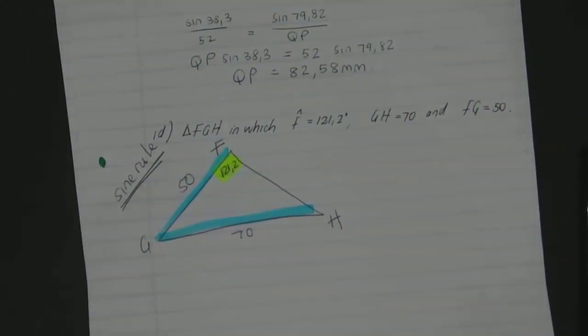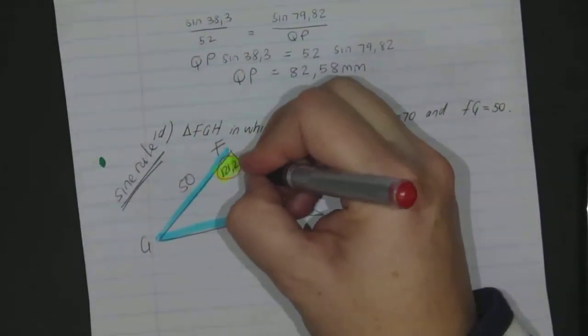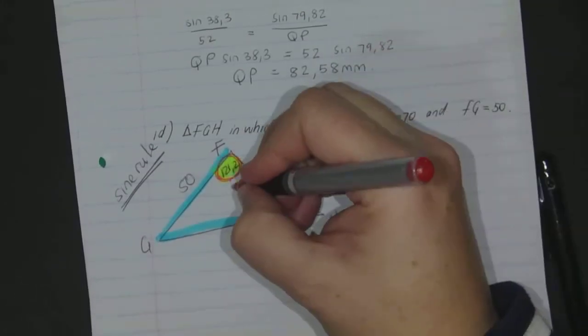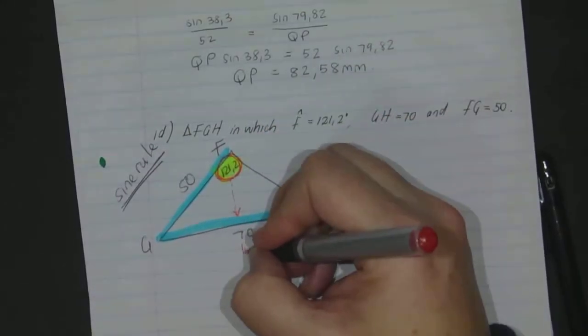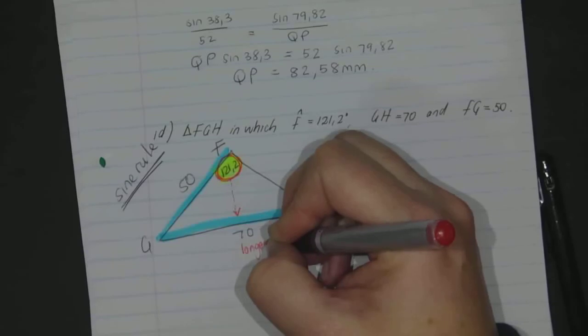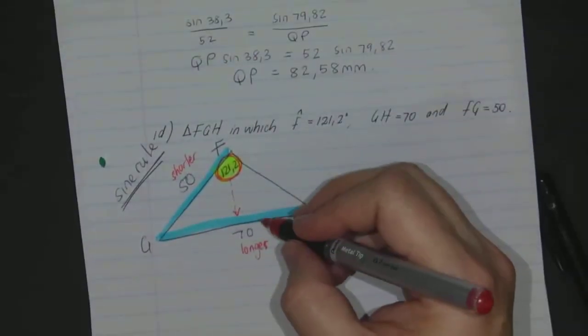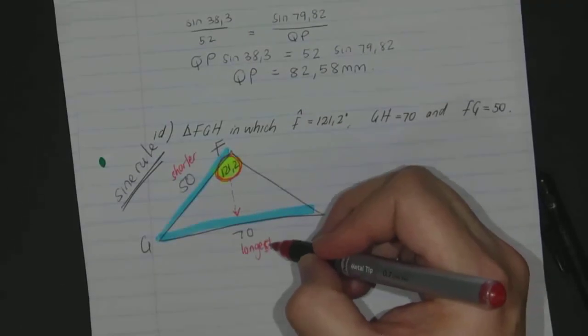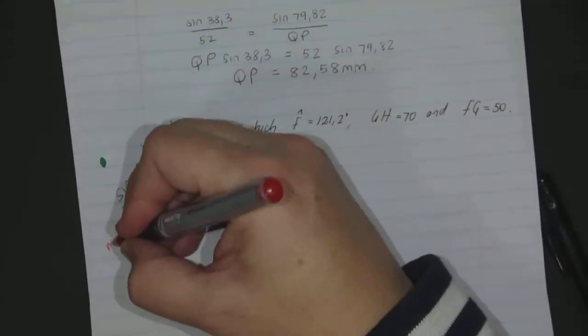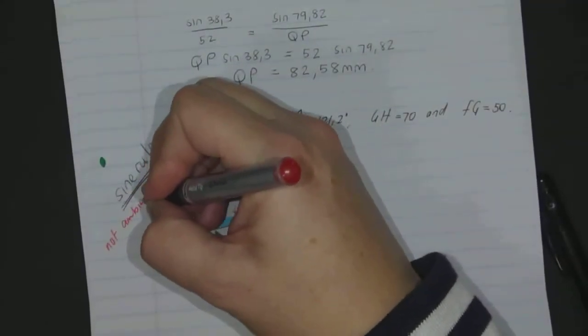But with that check, I now have to check the given angle is opposite what? Is it the longer or the shorter side? It's opposite the longest side here. So this is not the ambiguous case.